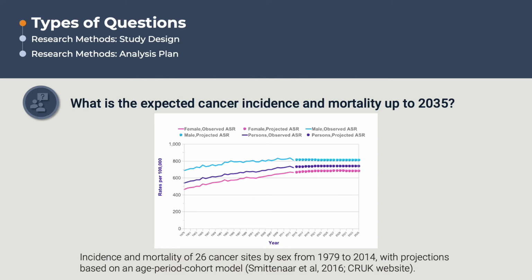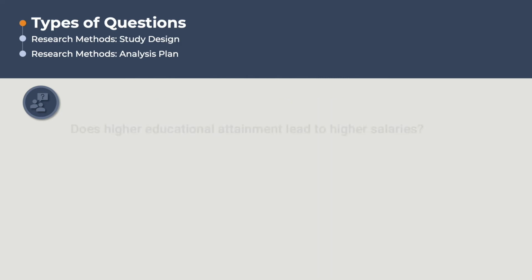They estimated that cancer rates will decrease by 0.03% in males and increase by 0.11% in females yearly between 2015 and 2035, with breast and prostate cancers to be the most common cancers among females and males, respectively, in 2035.